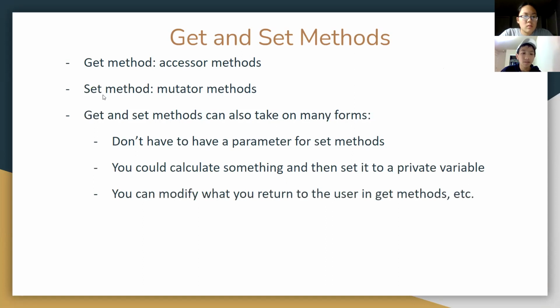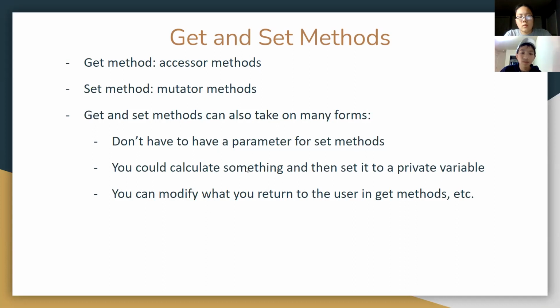And then as for get methods, you can modify what you would return to the user in the get methods. So instead of just blatantly returning private instance variables, we're going to add some additional information. So let's say we had a private instance variable called name. We had the name, I don't know, Leo, right? Then maybe we could return an array that contains information about the name variable.